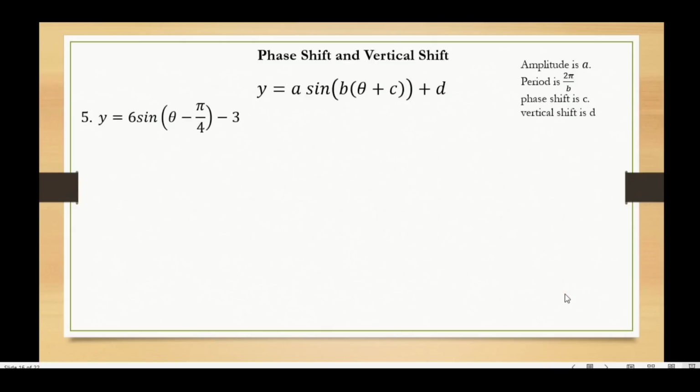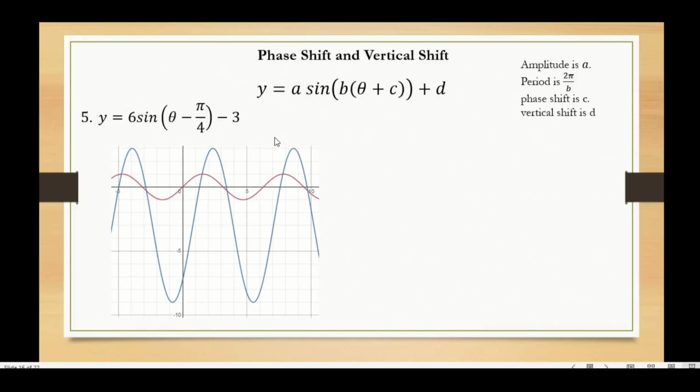Last, for number 5, we have 6 sine times theta minus pi over 4, minus 3. Kapag grinap natin using Desmos, ito yung makukuha na graph. Since walang nakalagay na value ng b, consider natin na ang value ng b natin dito is 1. So that is 2 pi over 1, still 2 pi.